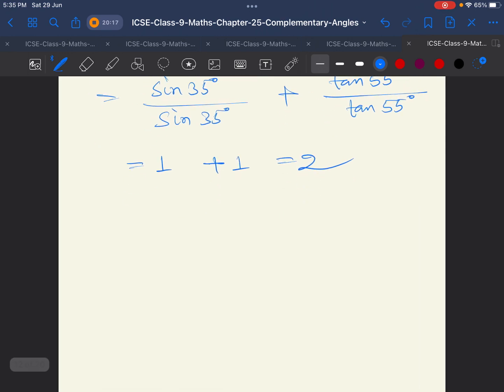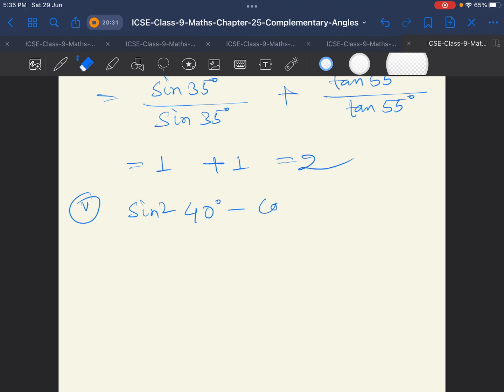Okay, now question number 5. Sine square 40 degree minus cos square 50 degree.